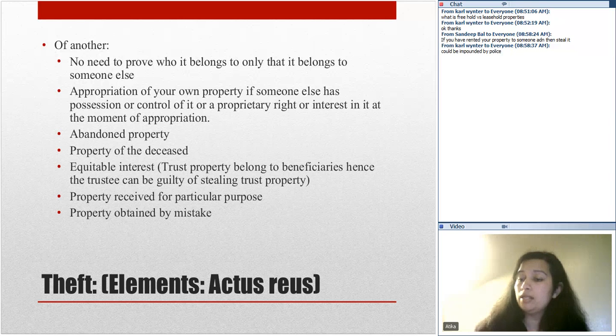And at that time, if it's in police possession and you steal it, yes, it's theft.